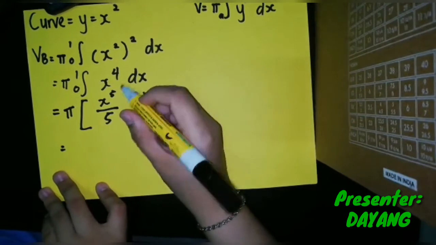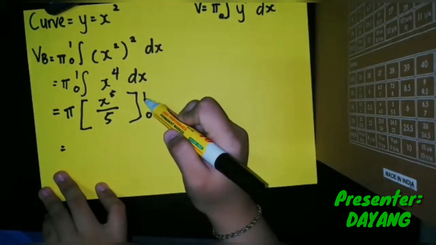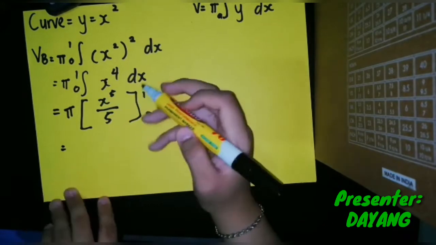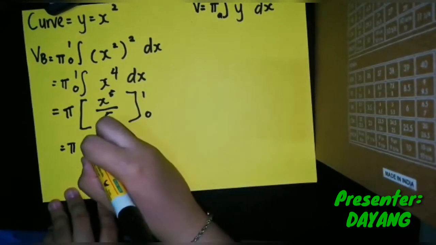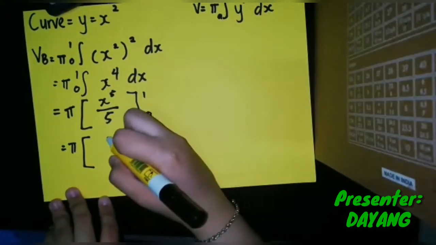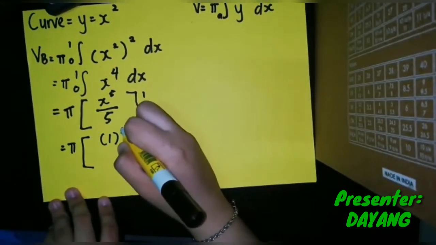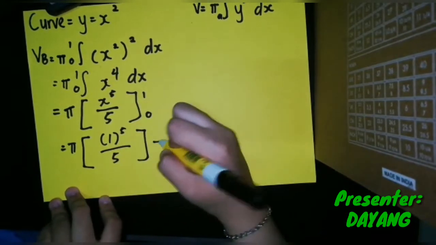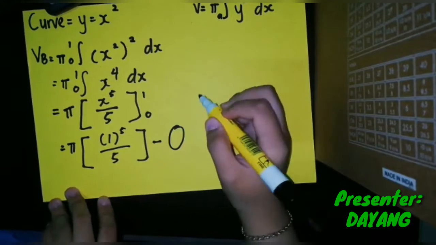Next, put the 1 inside this x, which is pi equal to pi open bracket 1 power of 5 per 5 close bracket minus 0.